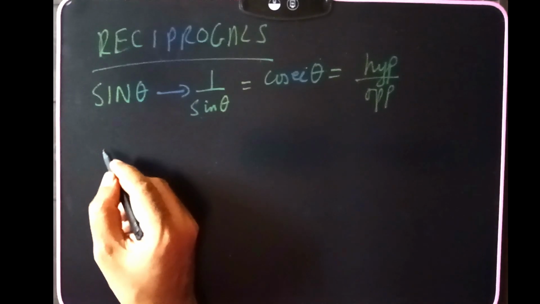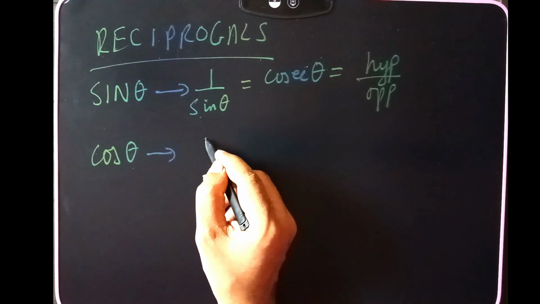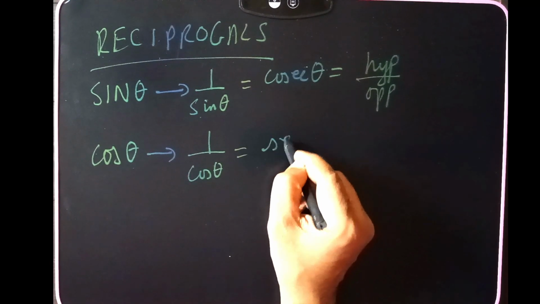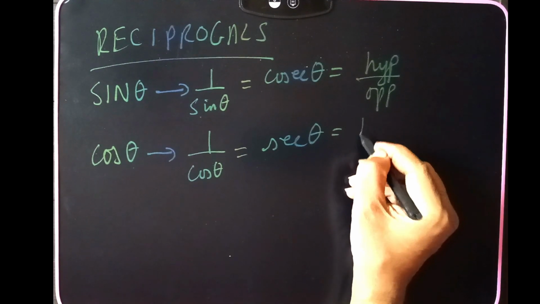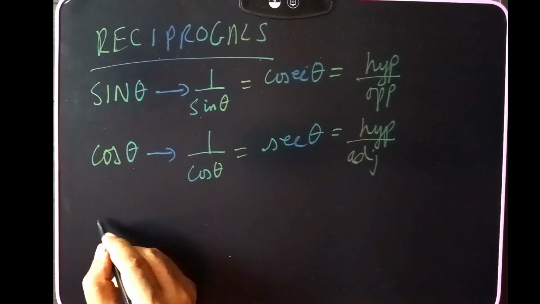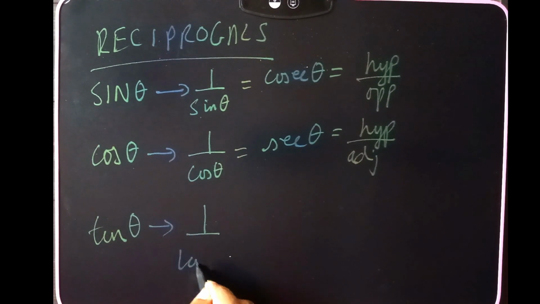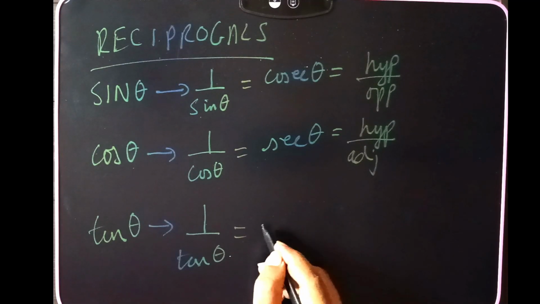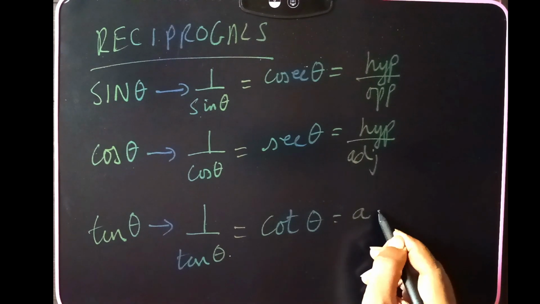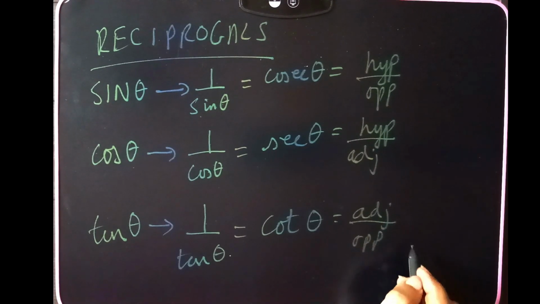Similarly for cos theta, the reciprocal will be 1 by cos theta, which is written as sec theta, equal to hypotenuse by adjacent side. Then tan theta reciprocal will be 1 by tan theta. This is called cot theta, which is equal to adjacent divided by opposite.